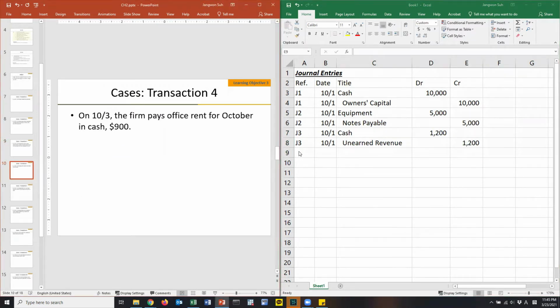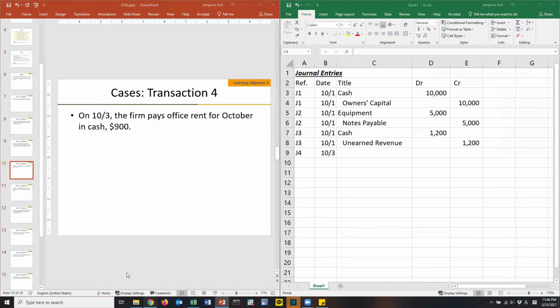And then J4, 10, third, 3. The firm pays office rent for October in cash, 900. What's happening here? Cash is being paid, right?